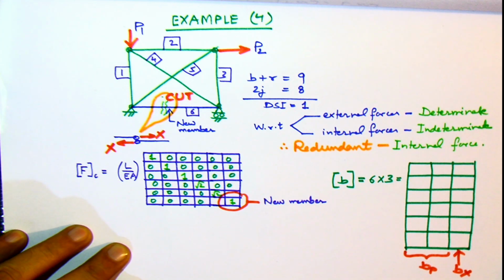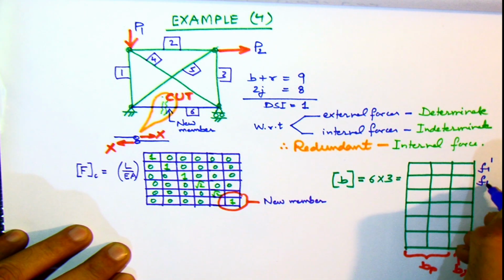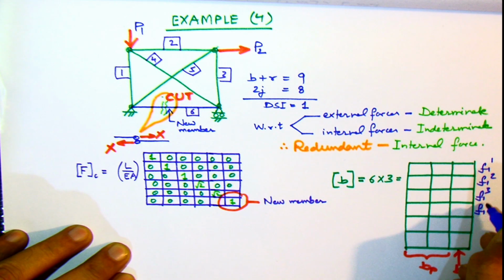All we have to do is, one by one, apply the forces P1 equal to 1, P2 equal to 1 and X equal to 1. We have also marked up the rows according to the internal forces.